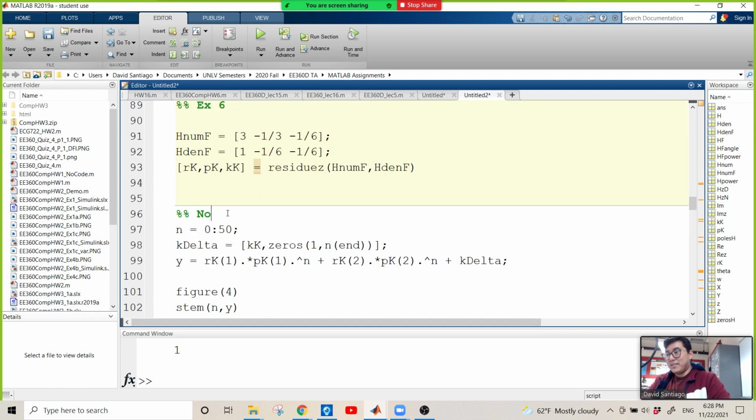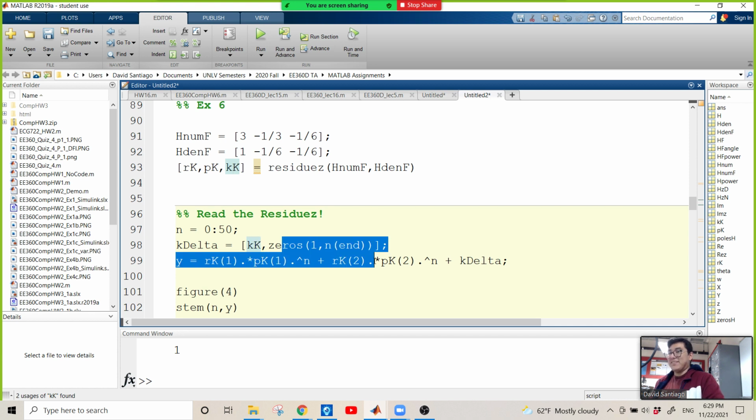Okay, plug and chug, I guess. Read the residues. So from 0 to 50, we have to have a delta function. And when does the delta function begin? It begins at n equal to 0, okay? So whatever number we get from there, k is 1, right?